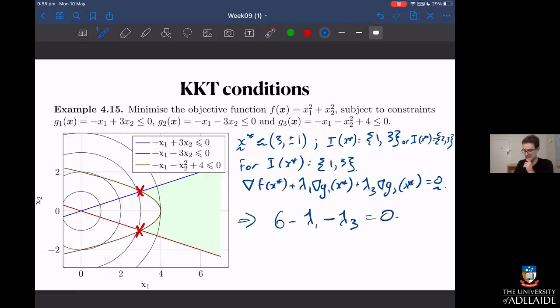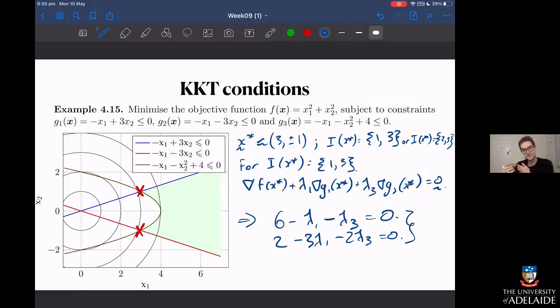Firstly, 6 minus lambda 1 minus lambda 3, that's when I differentiate all of this with respect to x1. If I differentiate with respect to x2, I get 2 lambda 3 is equal to 0. And I've plugged in x1 equals 3, x2 equals 1 there. So I'm evaluating this at the minimizer.